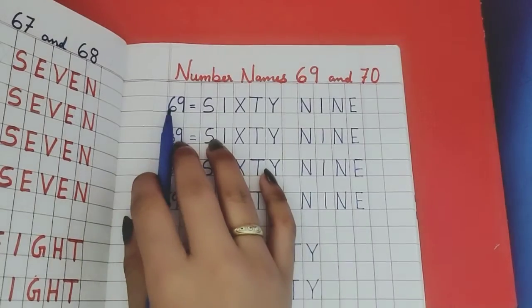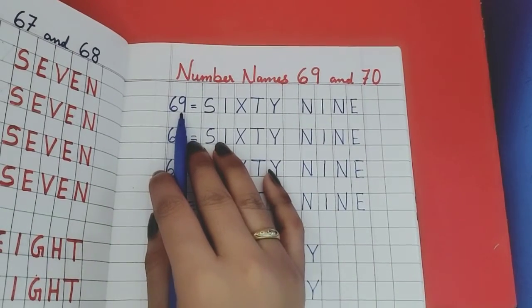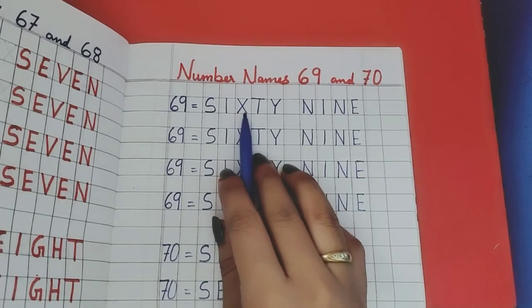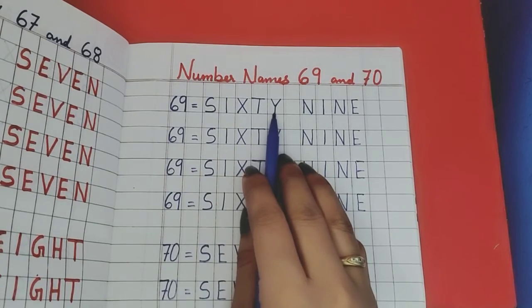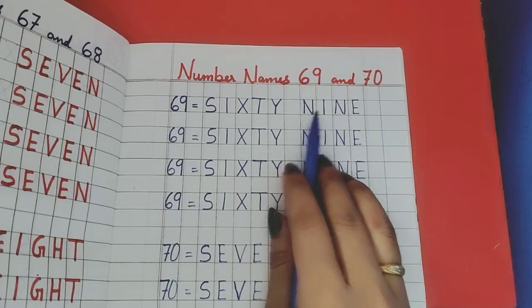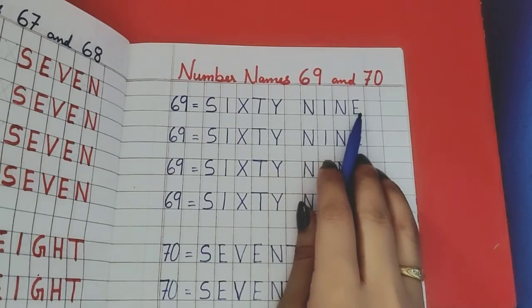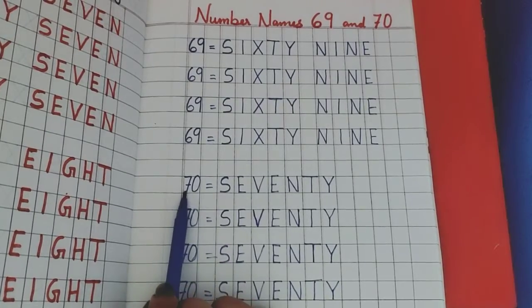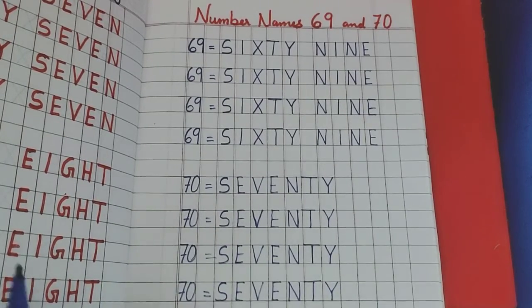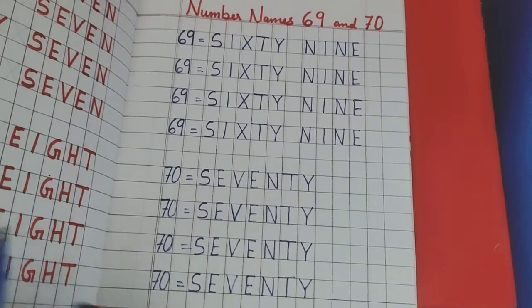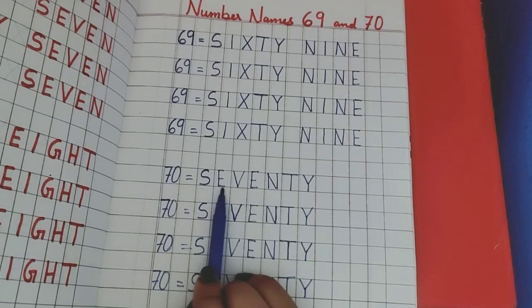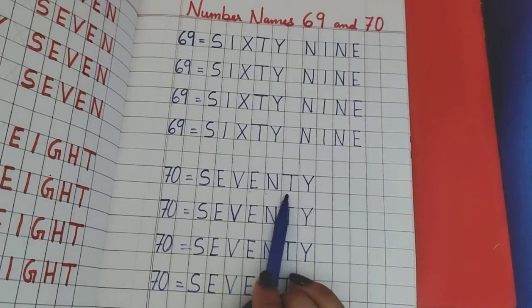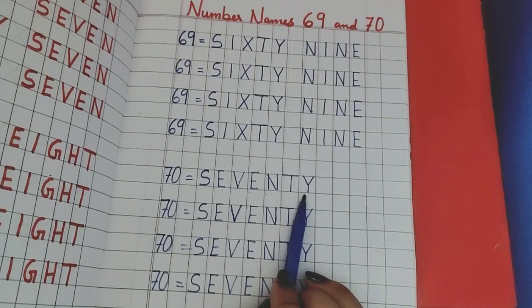Okay, now spell out the spelling with me. 69. S I X T Y, 60. N I N E, 9. 69. Now this is 70. What is the spelling of 70? S E V E N T Y, 70.